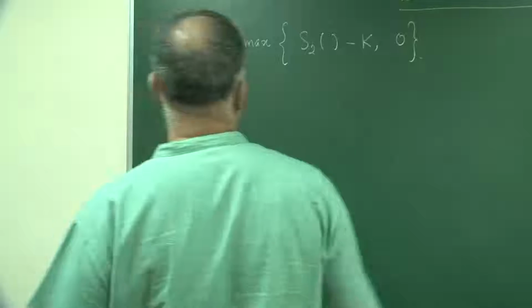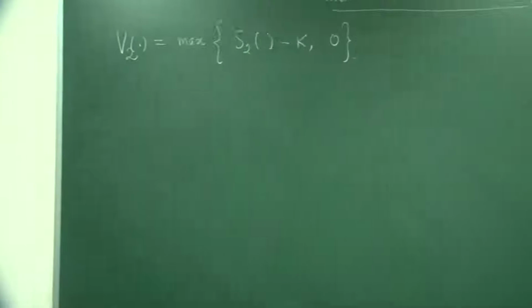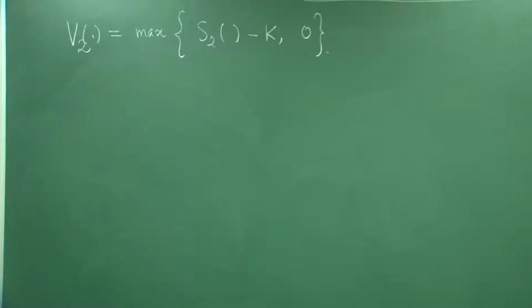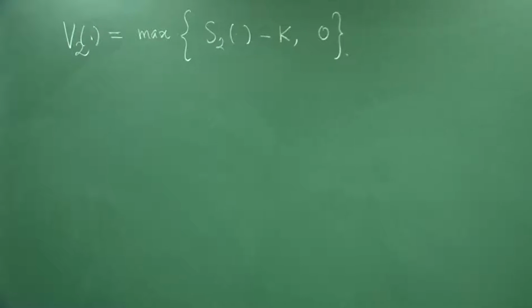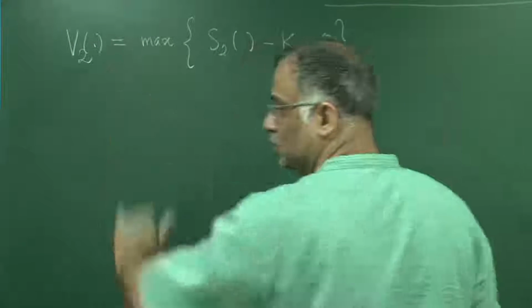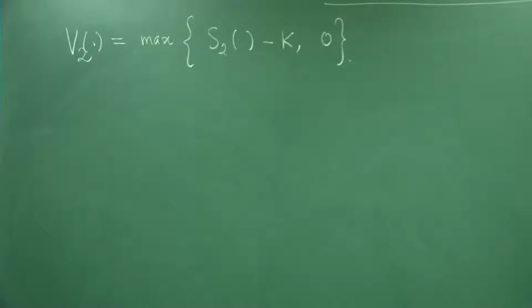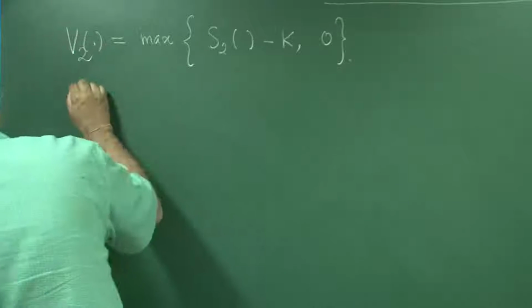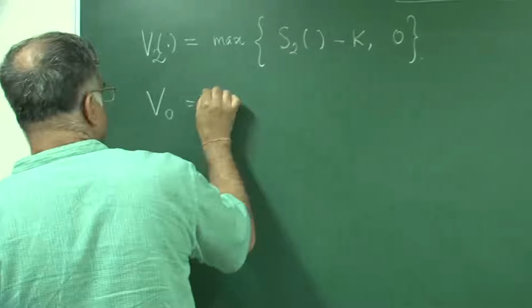I am making it look like a function. So, a random variable is of course a function. So, here this is the worth of the option at time period 2. Now I have to find V0, the option price.